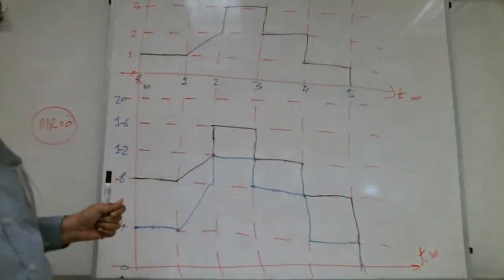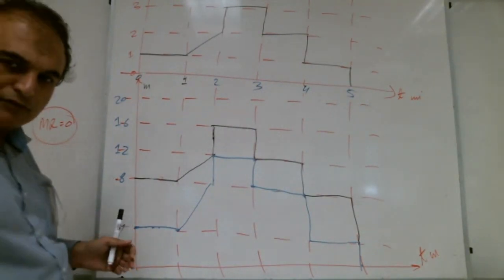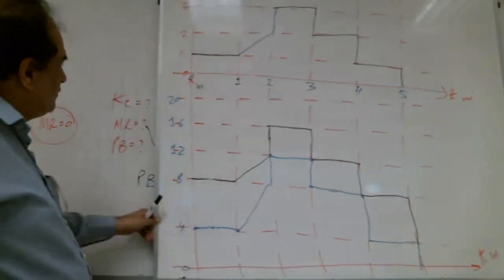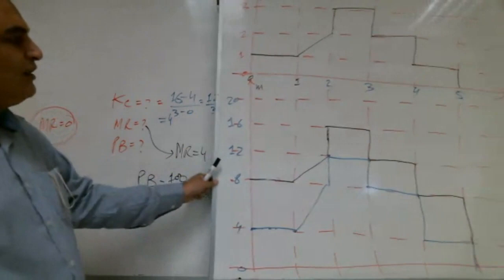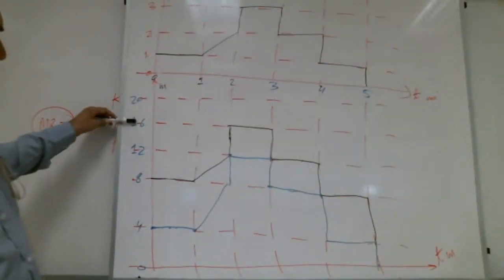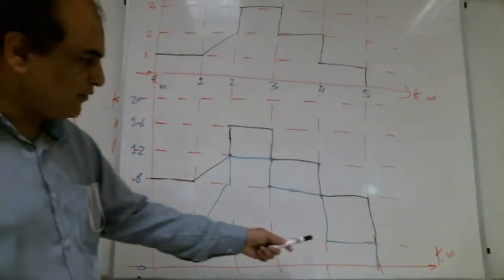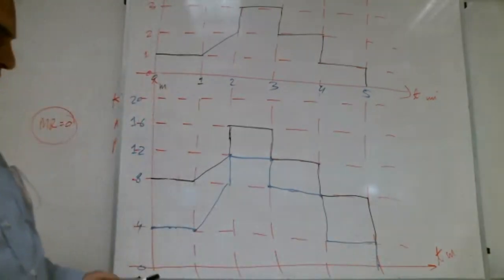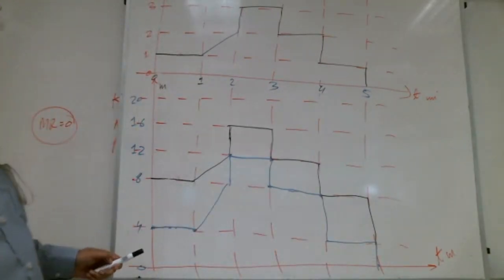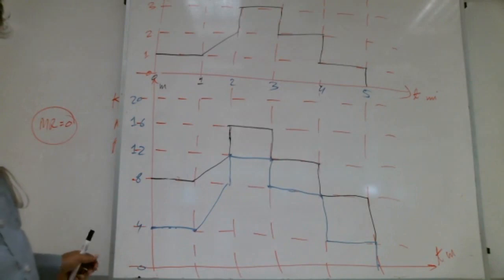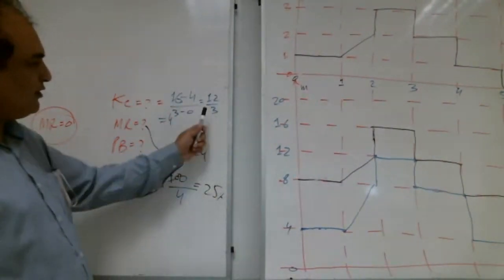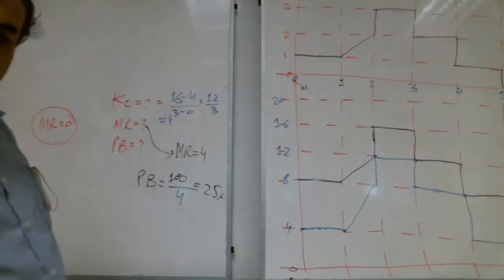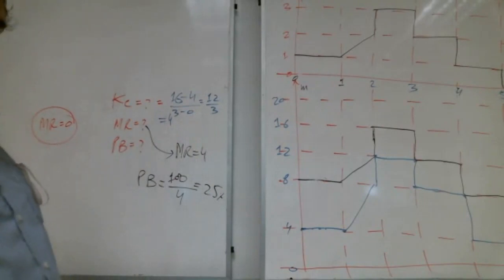So 3 change. See here, 3 minus 0. Okay. How much change in the output? Here 16, here 4. 16 minus 4, how much? That's good. 16 minus 4, 12. So 4. Okay, teacher, I got it. Thank you, teacher. You're welcome.